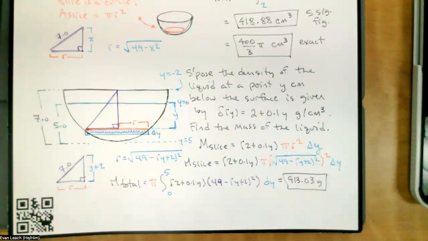It was legitimately hard for me to write 400 over 3 times pi. 400 over 3, that's perfectly fine. If the answer was just 400 over 3, I'd be all right with it, 133 and a third. But because I was writing this as a fraction multiple of pi, I didn't like it. I'm not sure why.